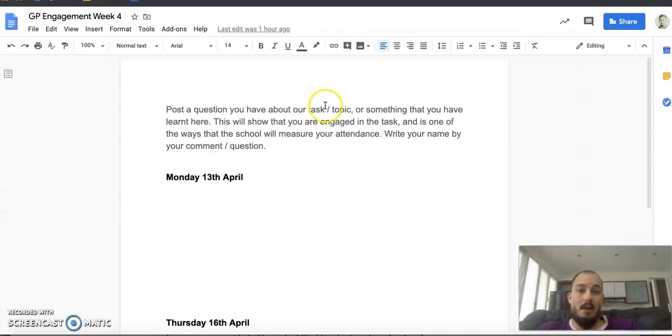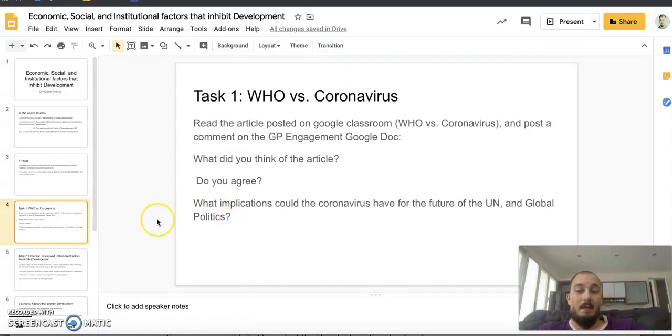Then on the engagement document for week 4, you need to post a response to this article. First of all, do you agree with it? What did you think of the article? Did you think it was biased? Did you think it was credible?